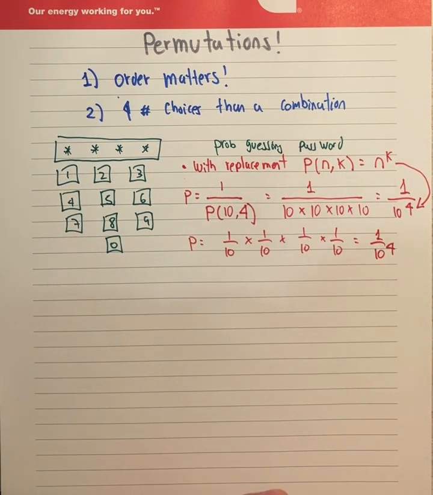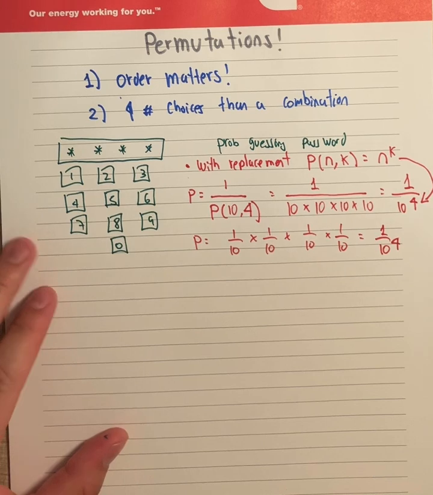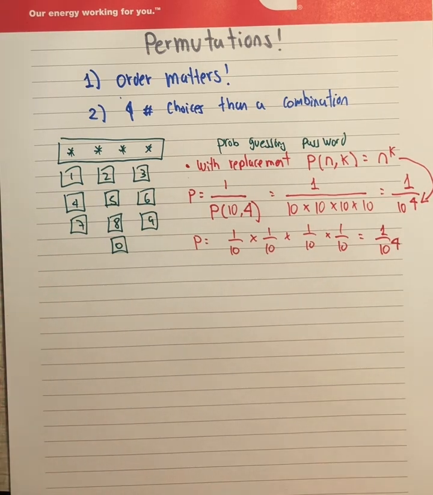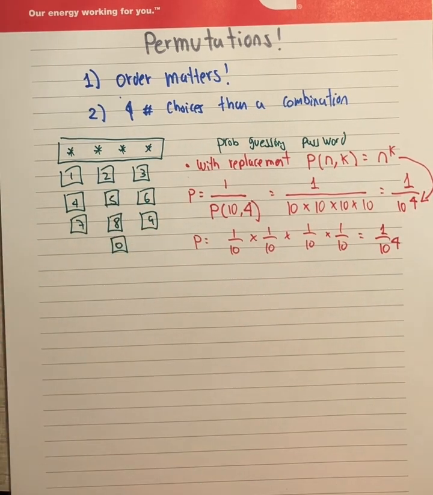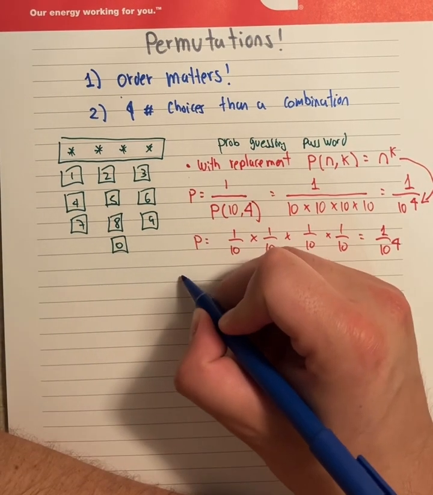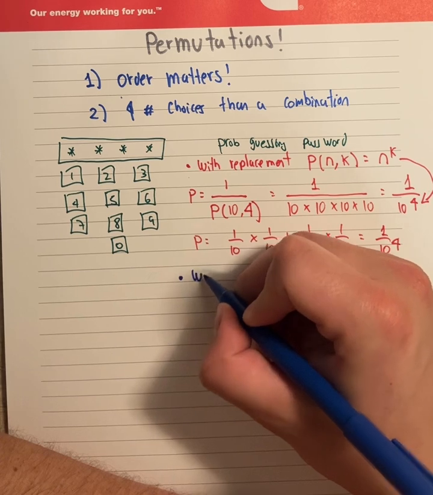So what if the banker or your friend tells you that it's better if you don't have duplicate numbers in your password or in your PIN, right? That case is called without replacement.